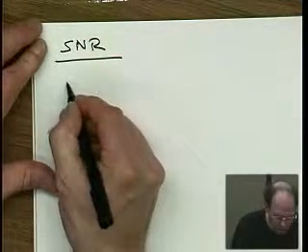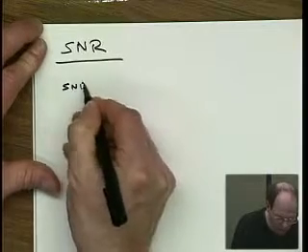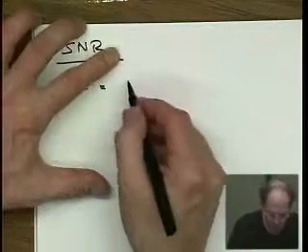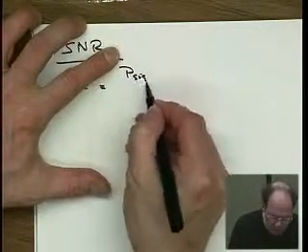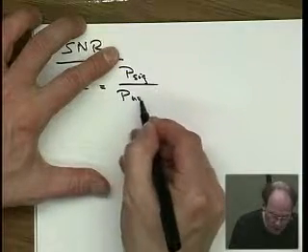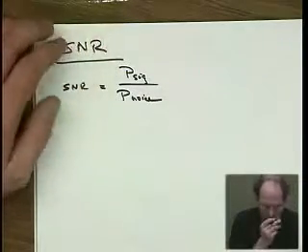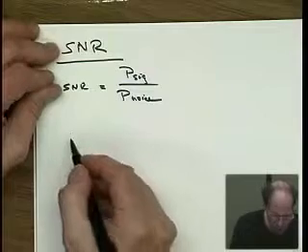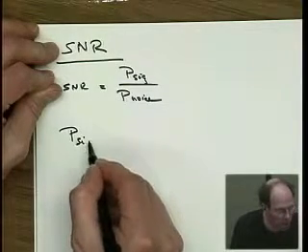So this SNR is really defined as P signal over P noise. And so we need to figure out what is the signal power.